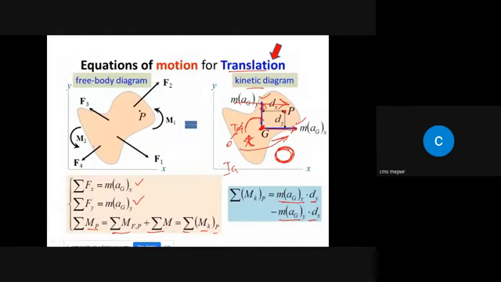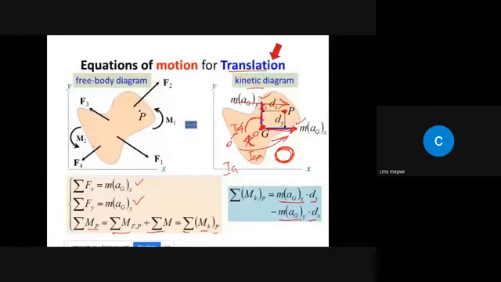Now let's say I don't want to find the total moment about point P, but want to summarize the moment at this point G, then what will be the situation? In that case, the moment due to this force as well as the moment due to this force will be zero. And since it is translation, this means there is no externally applied couple. So this whole term will become zero.